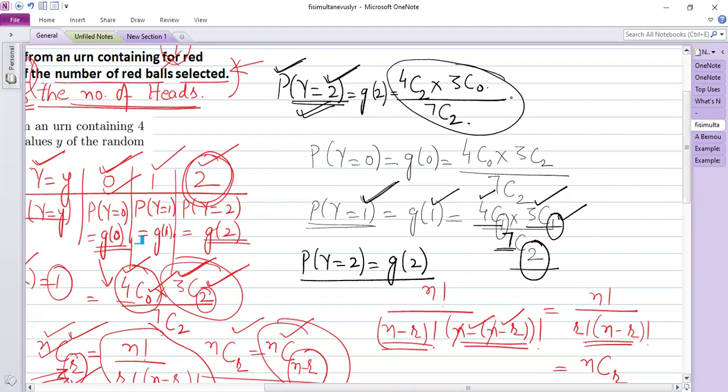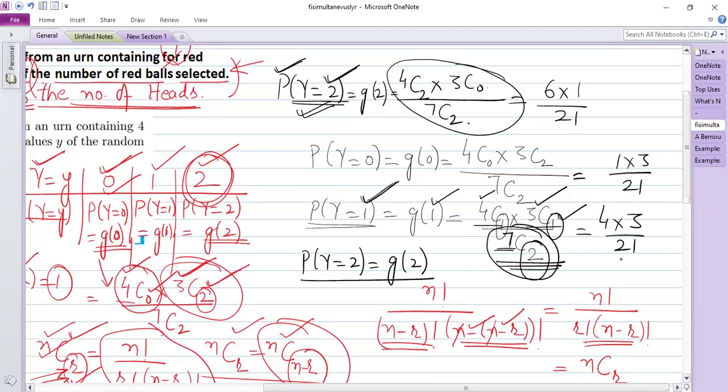Now, if you calculate these, it is 1 into 3 divided by 21, and this is 4 into 3 divided by 21, and this is 6 into 1 divided by 21.